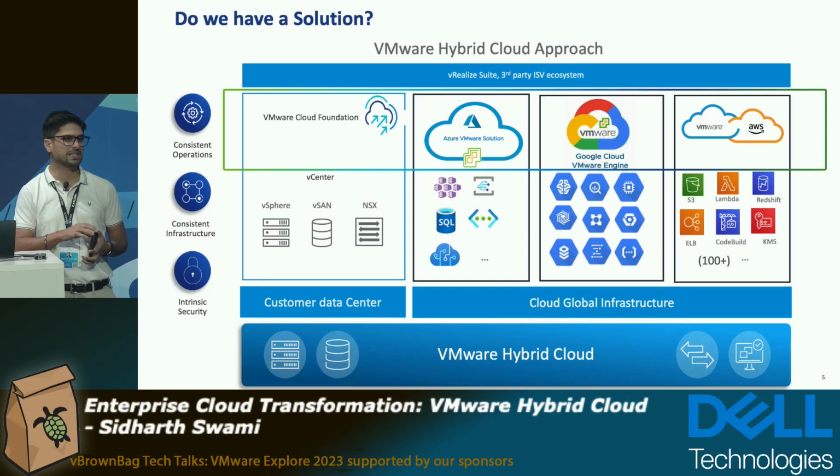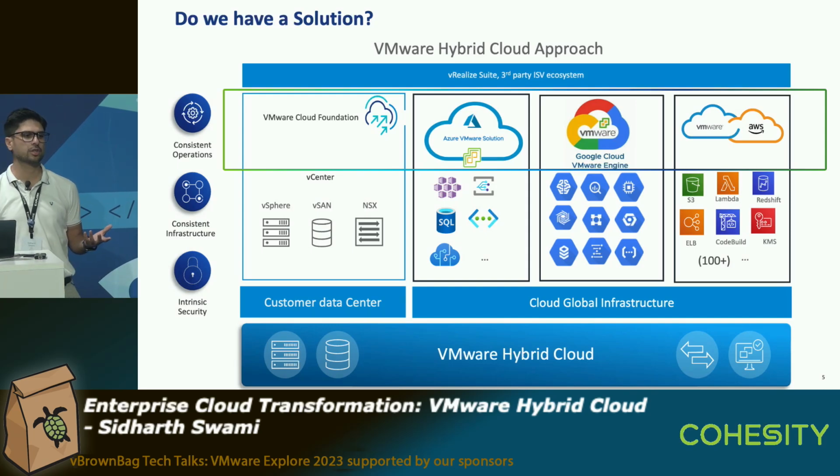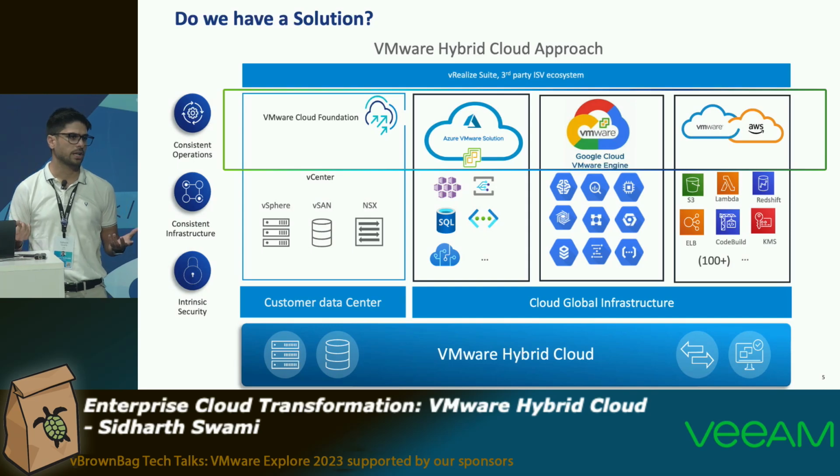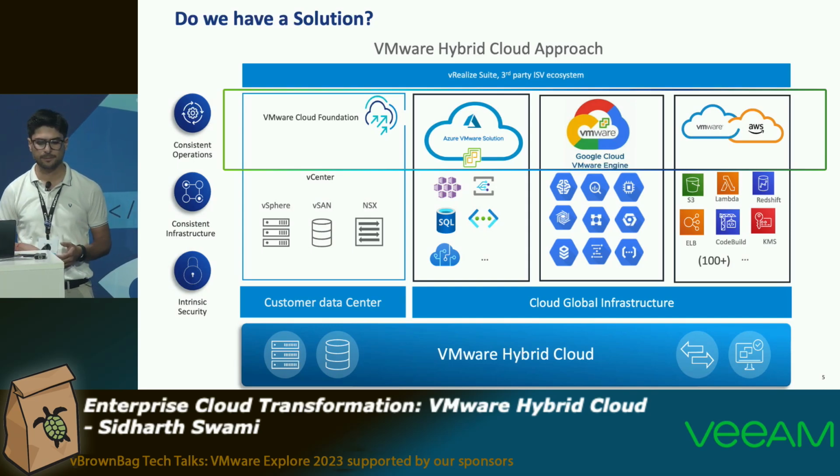It also gives a consistent infrastructure where the VMware vSphere, vSAN and NSX, which we all are well familiar with, is available across your hyperscalers. So when you are doing that migration, it is not a great learning curve. In fact, it is more like a vMotion for most of the administrators, and in your vSphere console, you see it as an additional vCenter server.